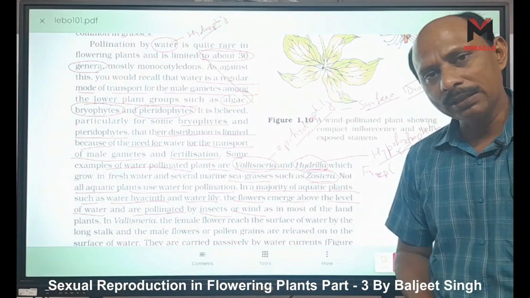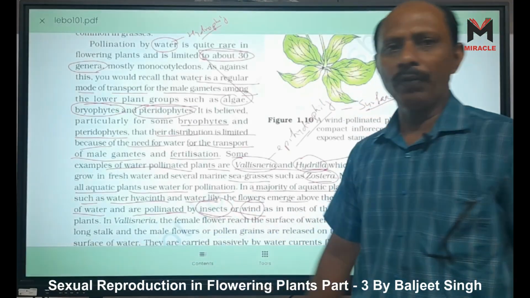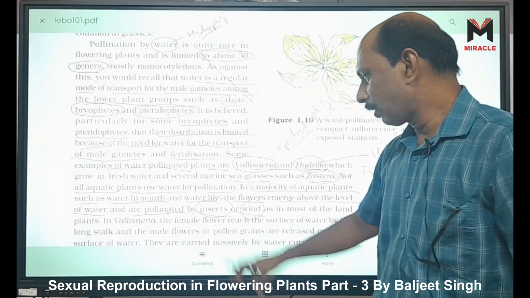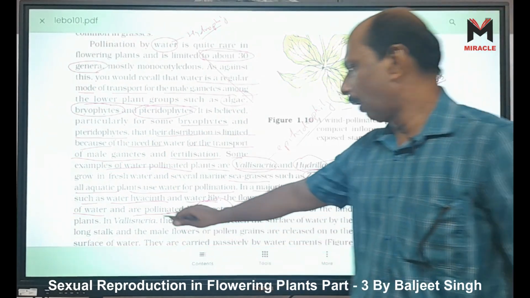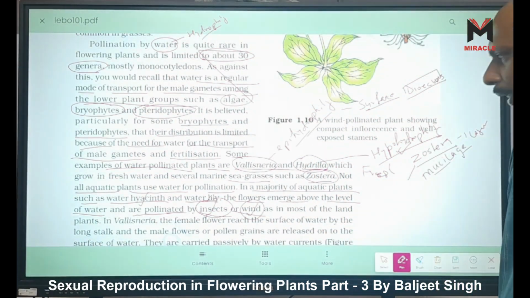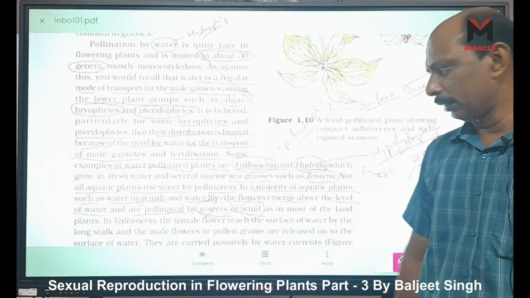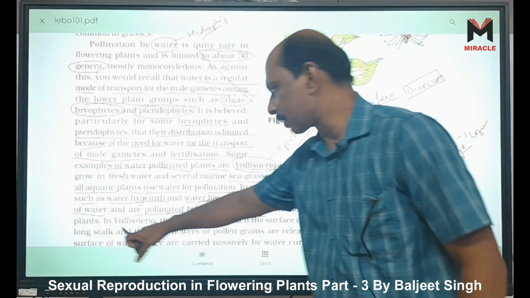Means either they are pollinated by anemophily or by entomophily, right? For example, water lily is through wind, anemophily, and water hyacinth is through insects, because water hyacinth has attractive flowers, as in most of the land plants, right?